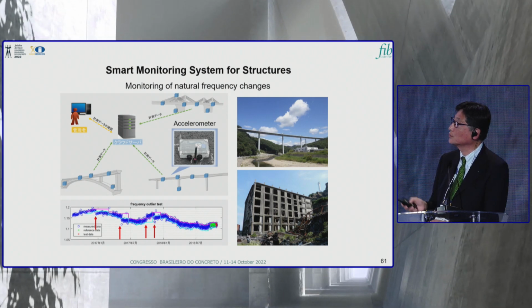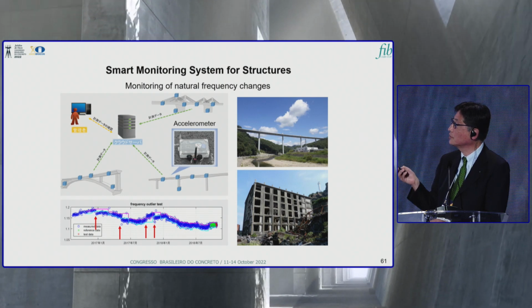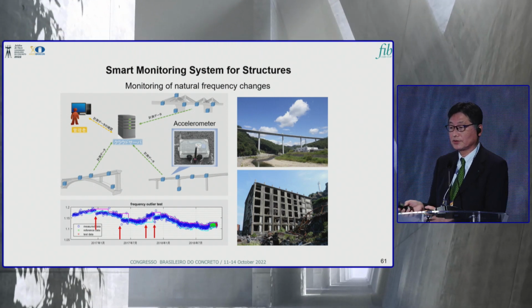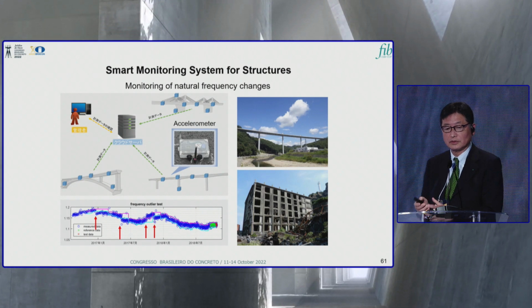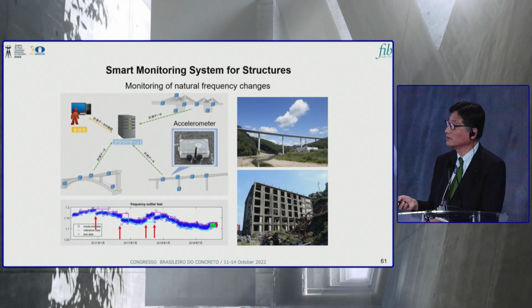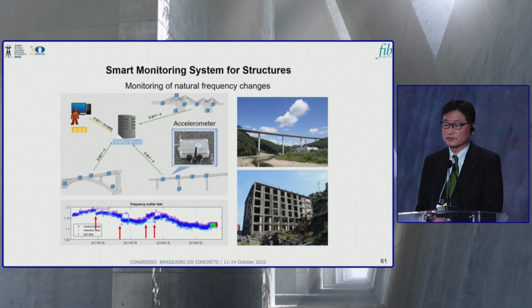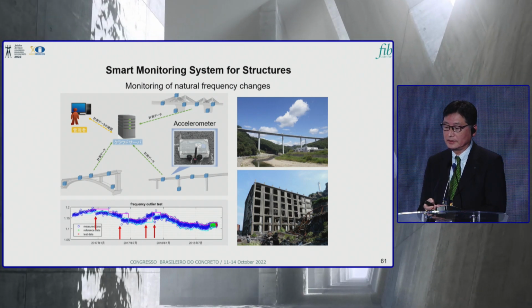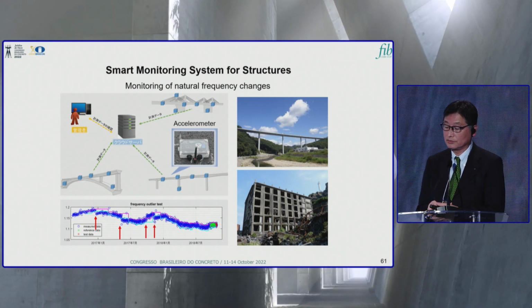Of course, we use accelerometers, already put on bridges and very old buildings almost collapsed, to check how small a difference we can detect using these technologies. So we can get the small change of the structures and the increase of the load, and sometimes the middle class of earthquakes.